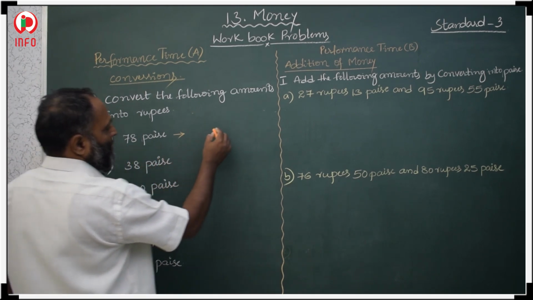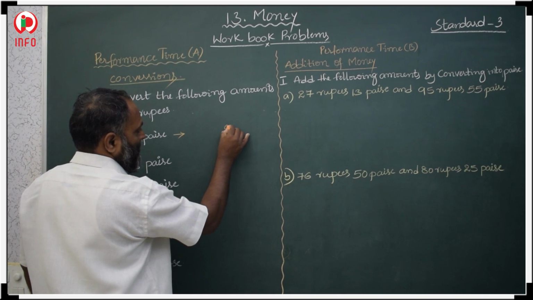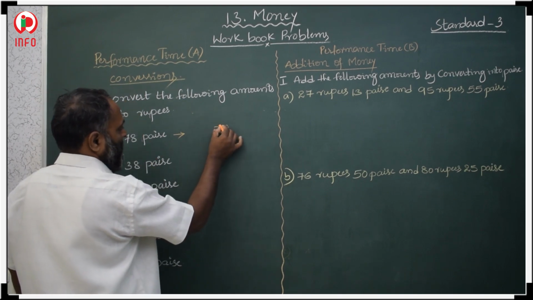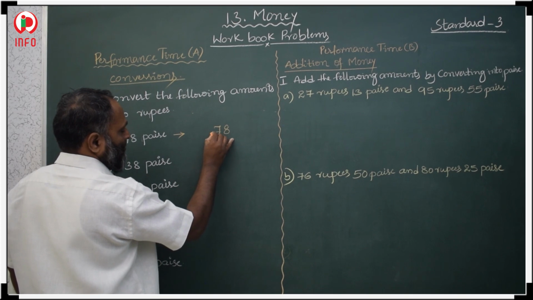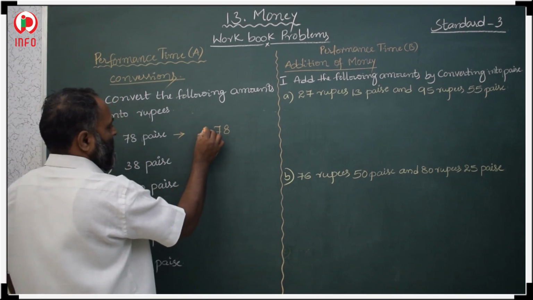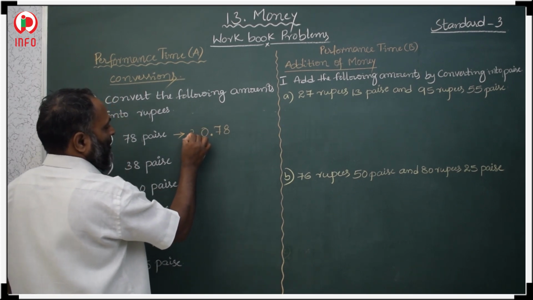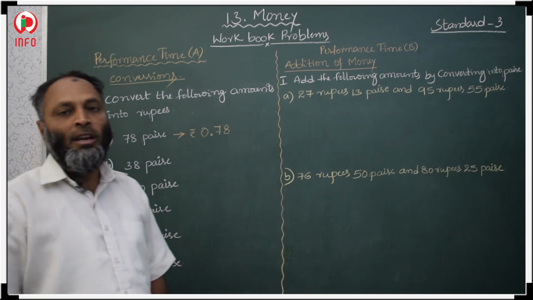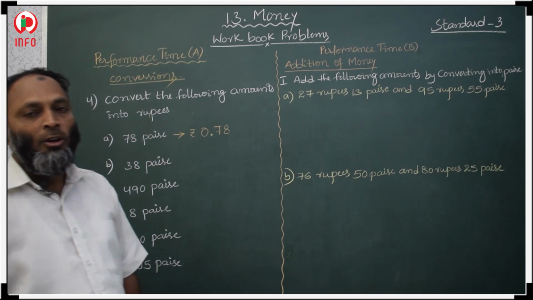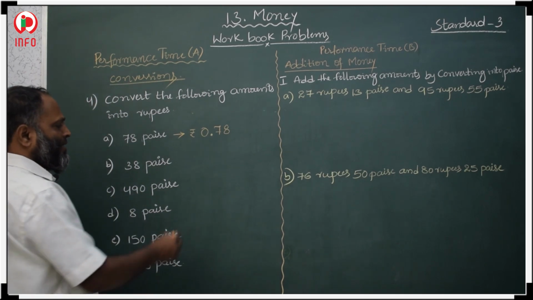The first digit is ones, that is 8, and after that 7. After ones and tens, we keep a decimal. And after that nothing is there, so we keep 0, and the rupees symbol. It means 0.78 rupees.